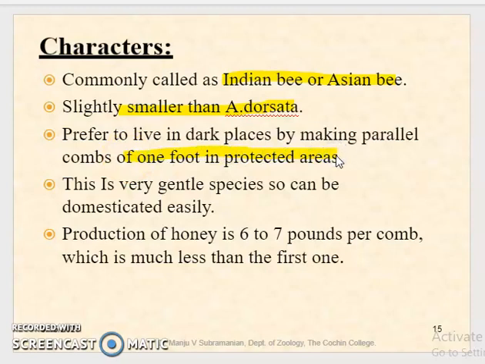This is a very gentle species and can be domesticated easily. The production of honey is about 6 to 7 pounds per comb, which is much less than that of Apis dorsata.